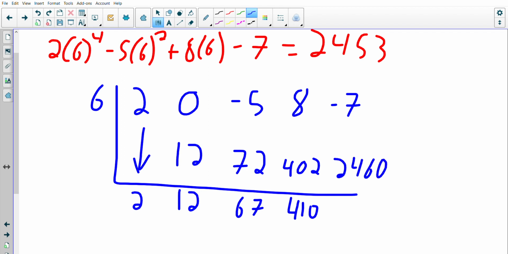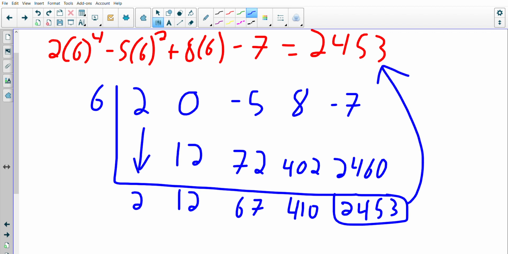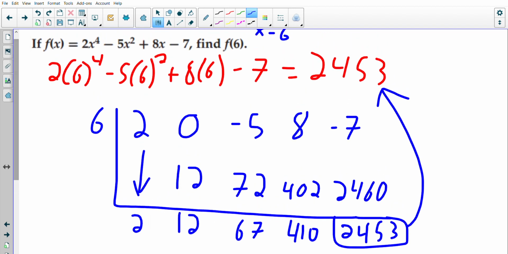Add, and we get the same exact answer, 2,453. Okay, so that is both the remainder and when we substitute it in. So it's a neat little connection between the remainder theorem and just substituting in a number. Okay, so it is actually kind of nice that we have a little bit of a trick here.